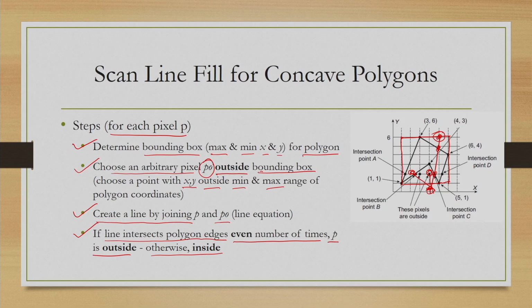So, we have discussed different region fill algorithms, both for pixel level definitions as well as geometric definitions. For pixel level definitions, we learned about the seed fill algorithm and flood fill algorithm.